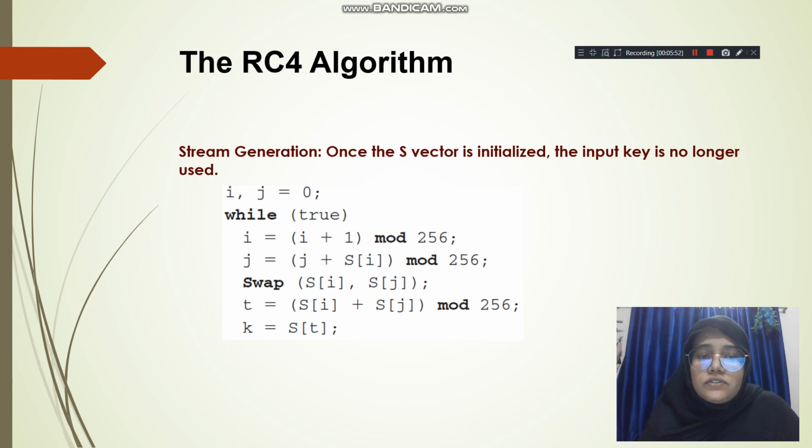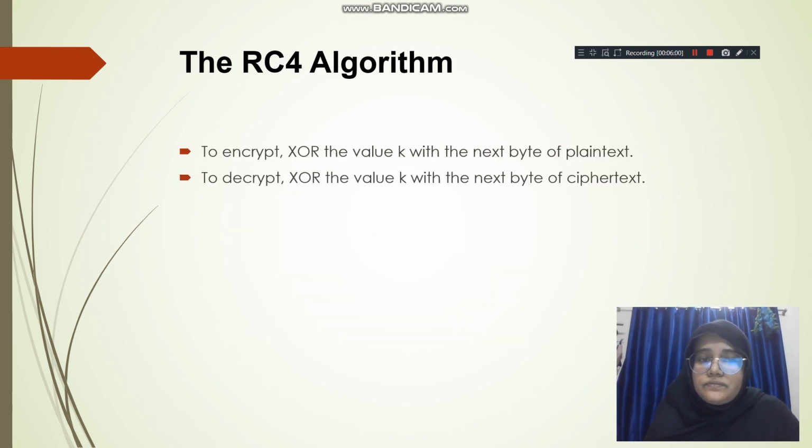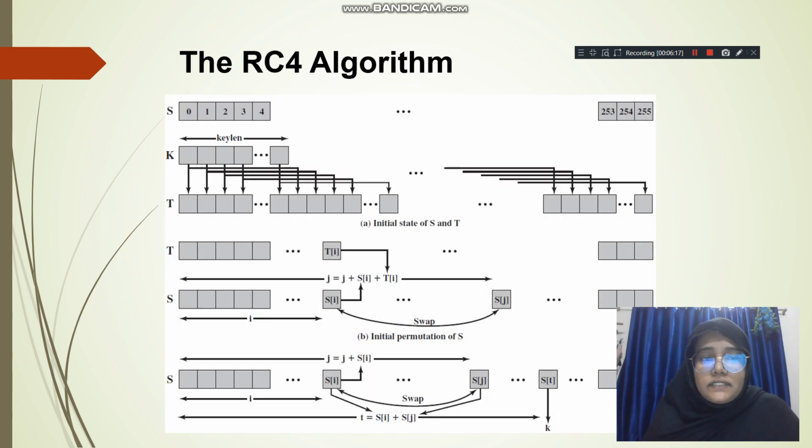So t equals (S[i] plus S[j]) mod 256. Then k will be S[t]. So for encryption, XOR the value k with the next byte of plain text, and for decryption, XOR the value k with the next byte of ciphertext.